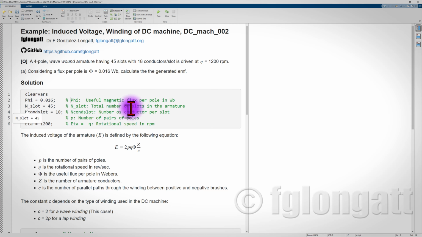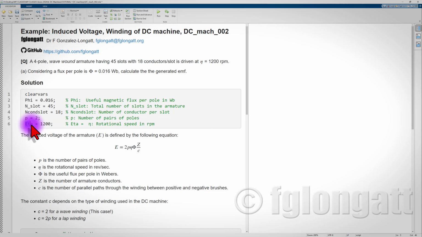Then I define the total number of slots in the armature and the number of conductors per slot. Then we know that there are 4 poles, and that represents 2 pairs of poles.